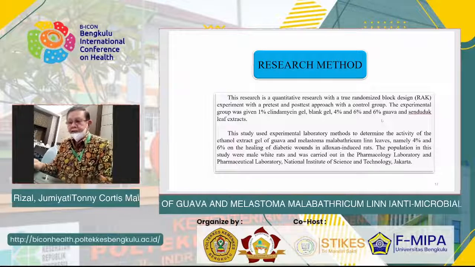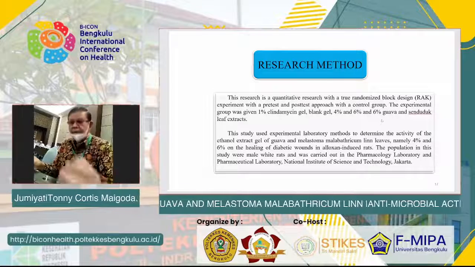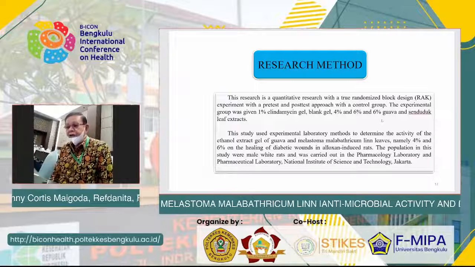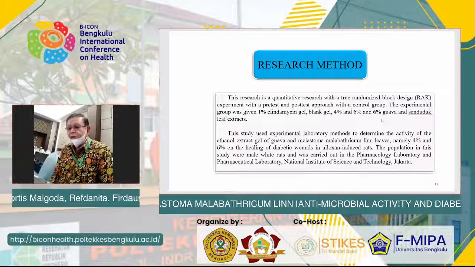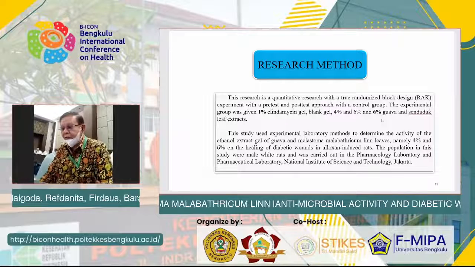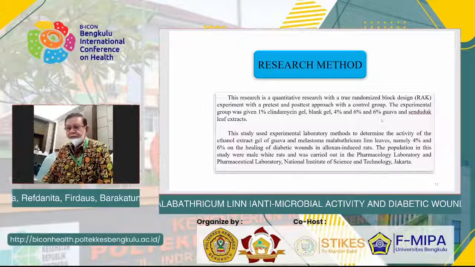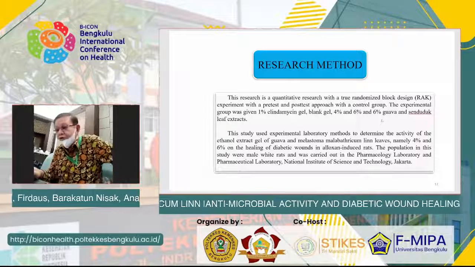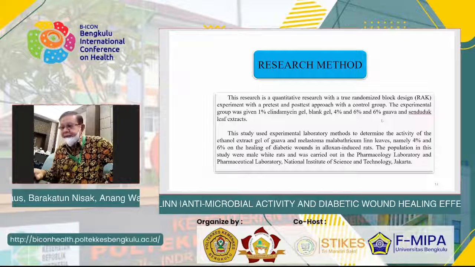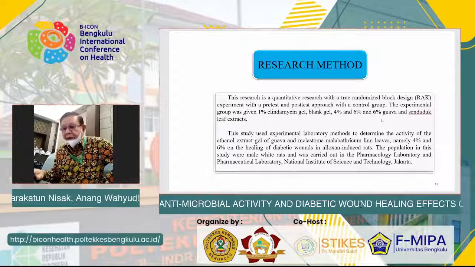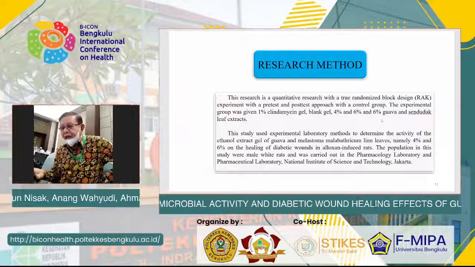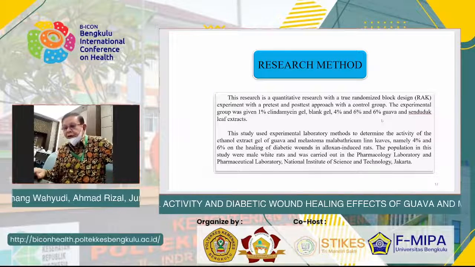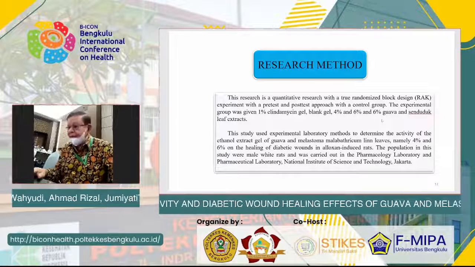The study used an experimental laboratory method to determine the activity of the ethanol extract gel of guava and Melastoma malabathricum Linn leaves, namely 4% and 6%, on the healing of diabetic wounds in alloxan-induced rats. The population in this study were male white rats, and the work was carried out in the Pharmacology Laboratory and Pharmaceutical Laboratory, National Institute of Science and Technology, Jakarta.